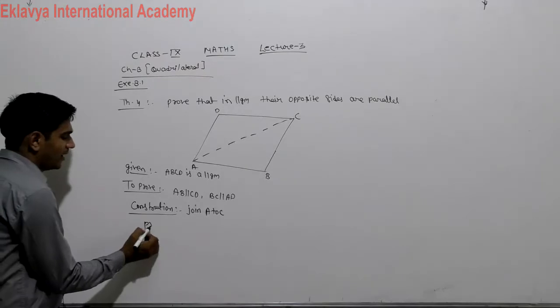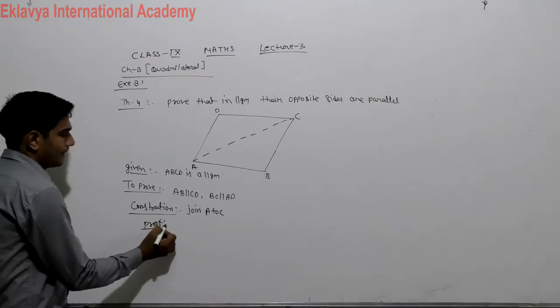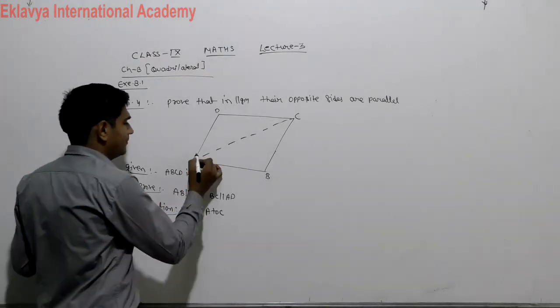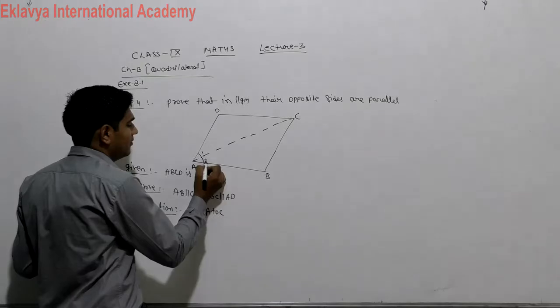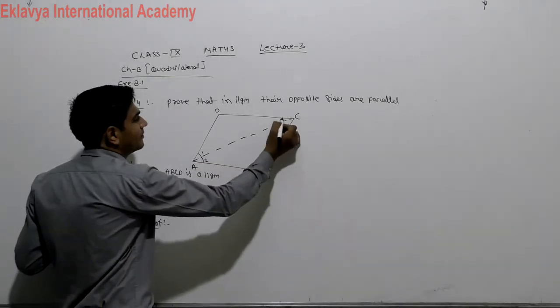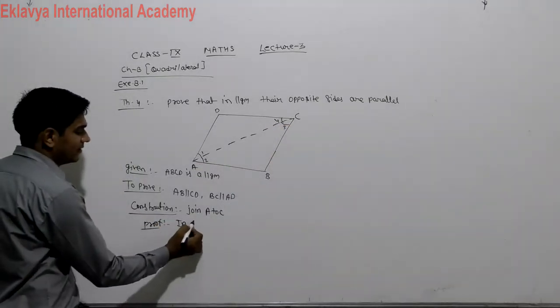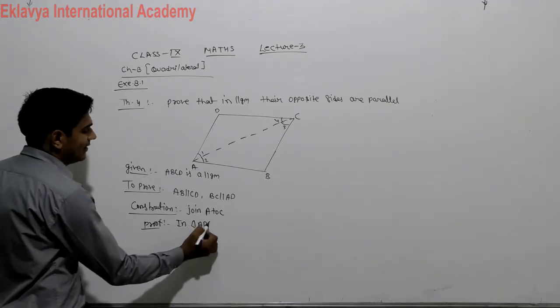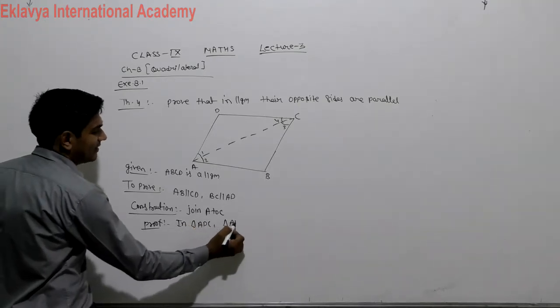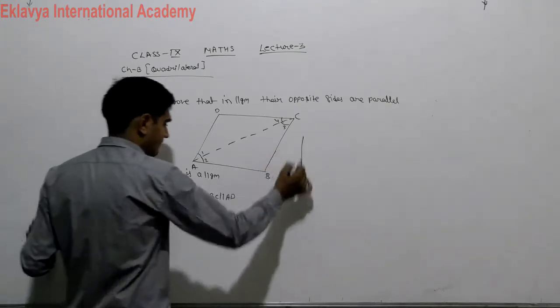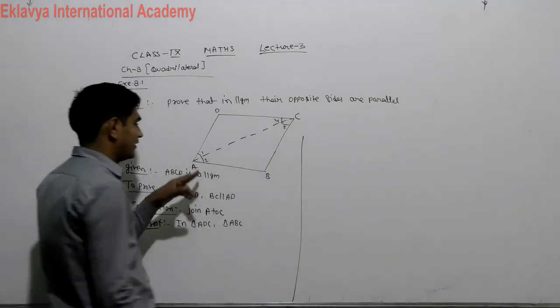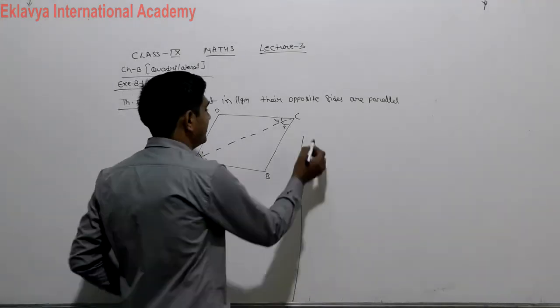Now in the proof part, give the names angle 1, angle 2, angle 3 and angle 4. In the proof part there are two triangles: triangle ADC and triangle ABC.